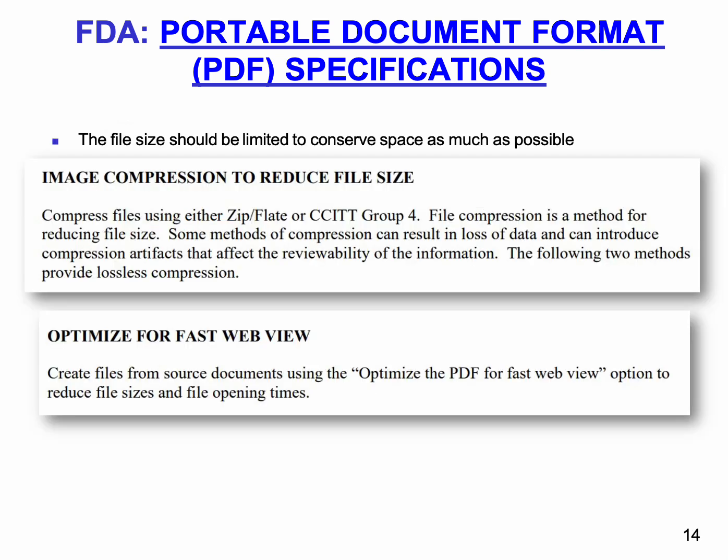Now let's talk about other specifications. The file size should be limited to conserve space as much as possible. It's not easy to predict in advance what the file size will be. But if we have pictures that just contain text, it's much more logical to convert the text in the picture and create a document with only text.